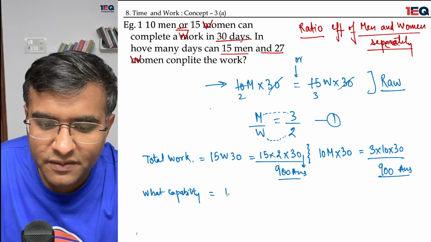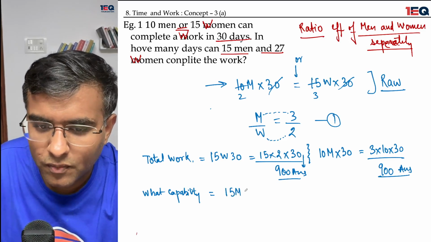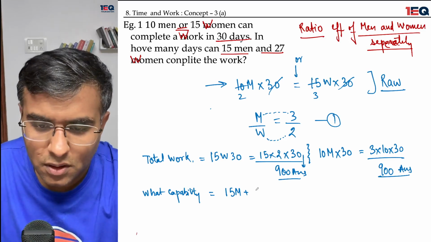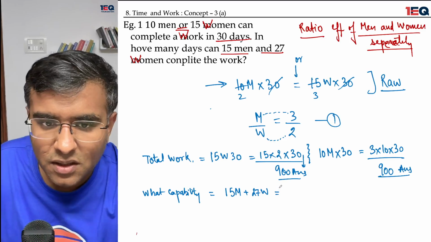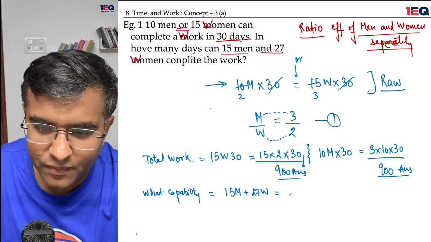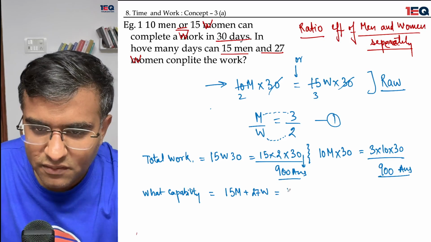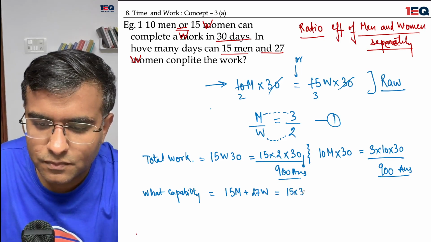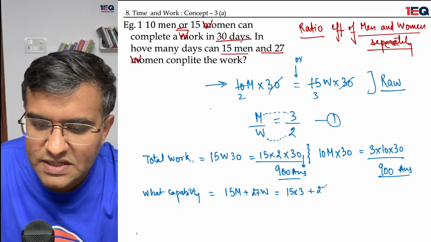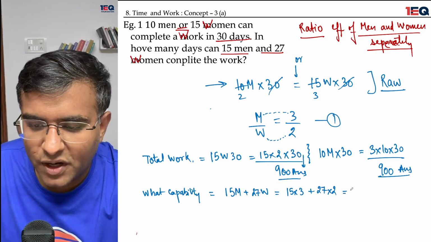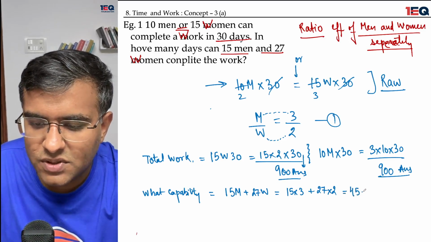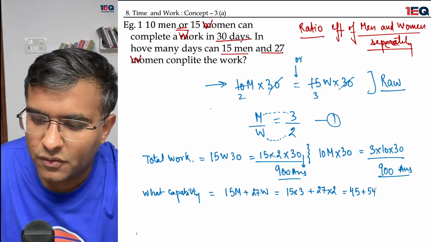The capability we have is 15 men plus 27 women. 15 men means 15 multiplied by 3, plus 27 women means 27 multiplied by 2. 15 threes are 45 and 27 twos are 54.